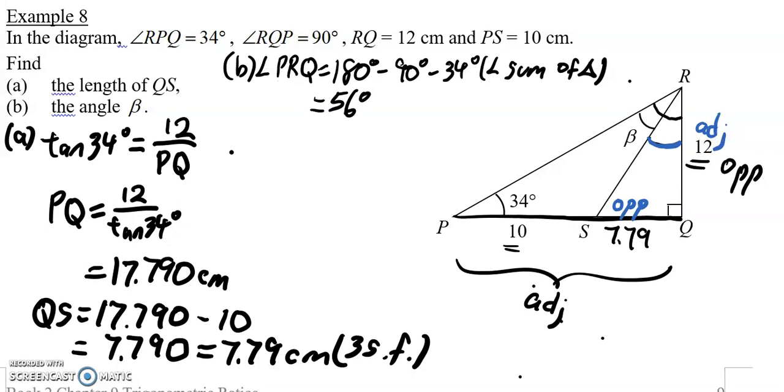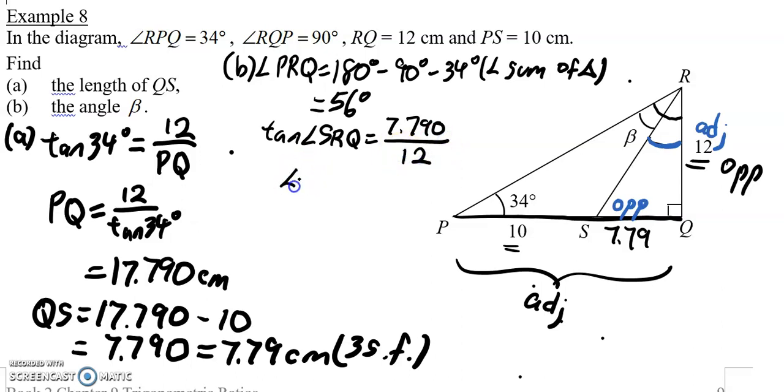Okay, so tangent angle SRQ will actually give us opposite 7.790 divided by 12.